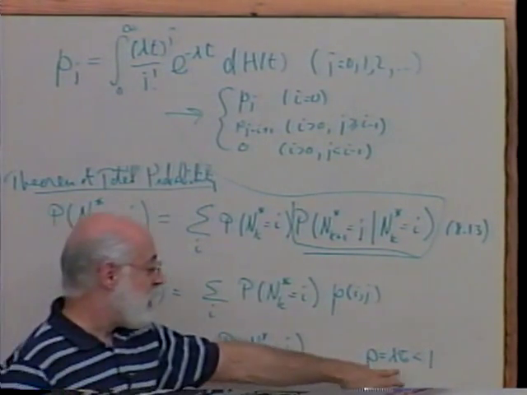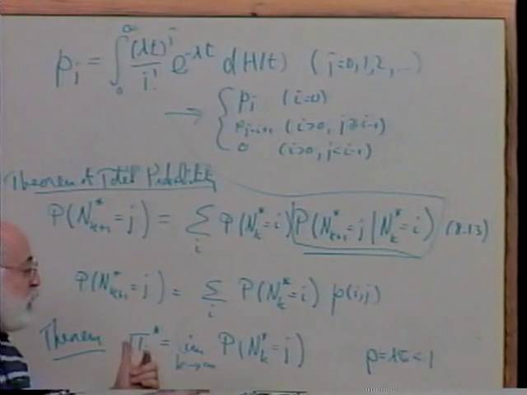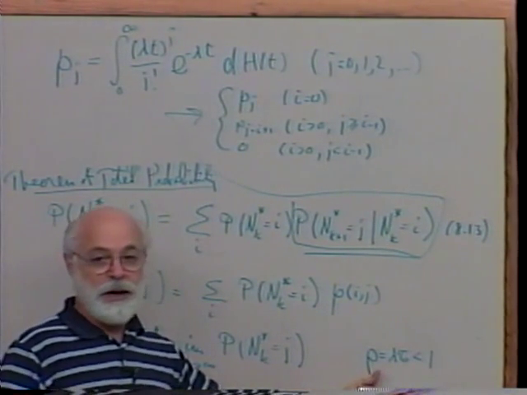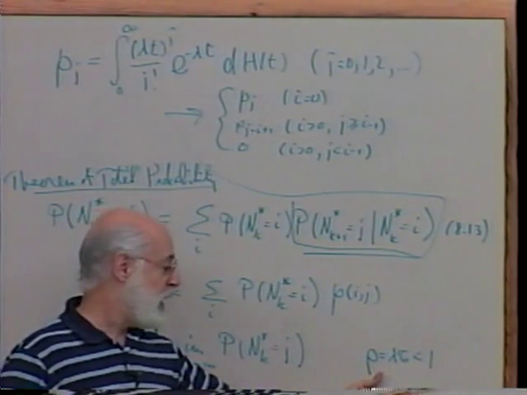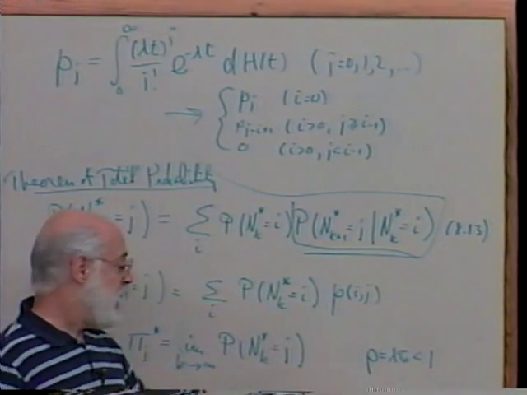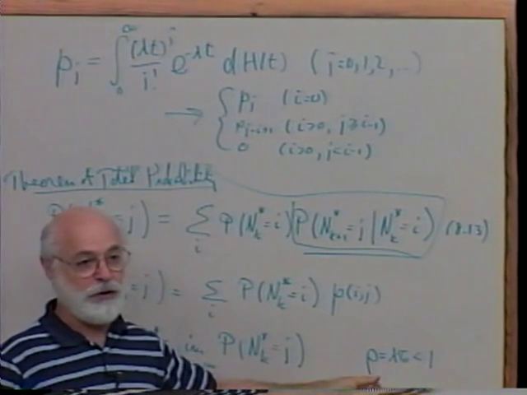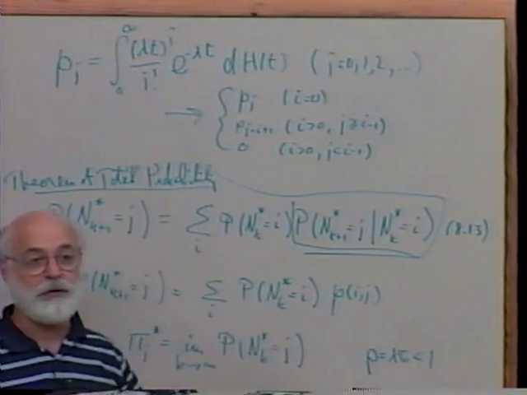What we're going to do is assume that this exists, and then when we solve the equations, the answers will turn out to be in terms of rho, and you'll see that the answers won't make sense unless rho is less than 1. So that will show that if there is a solution, then rho must be less than 1, and you can also argue that if rho is less than 1, there must be a solution.